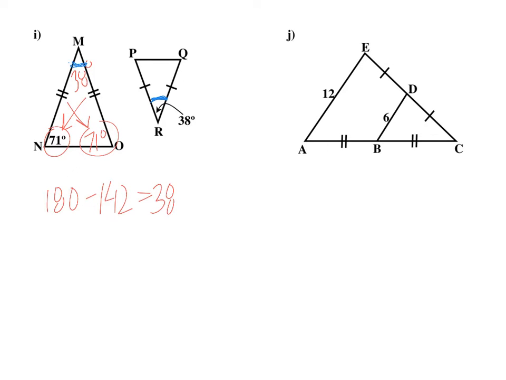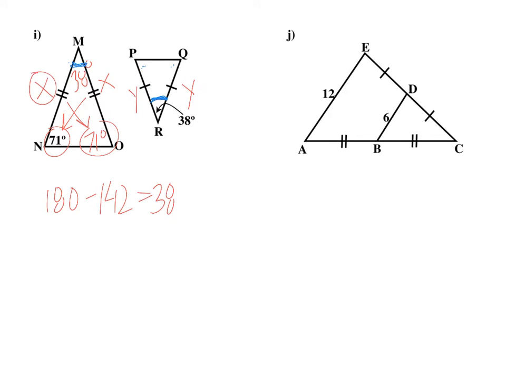And now there's a bunch of different ways to approach this problem. You could show that these angles here are 71 degrees, and then you could say the triangles are similar by AA. I'm going to do this. I'm going to call these X and these Y, because I don't know what their lengths are.